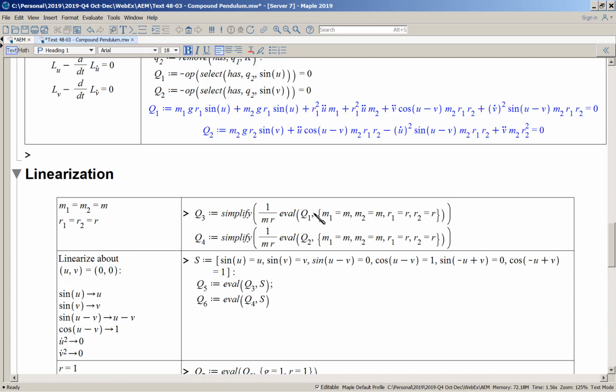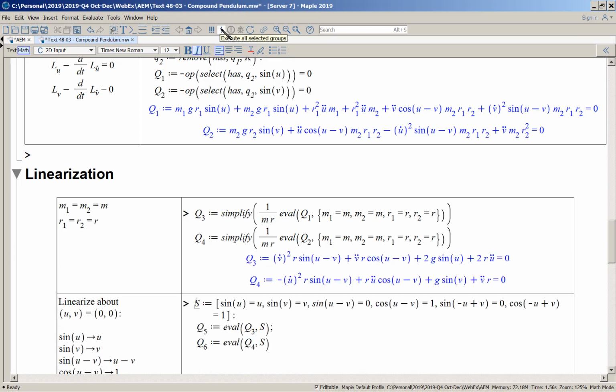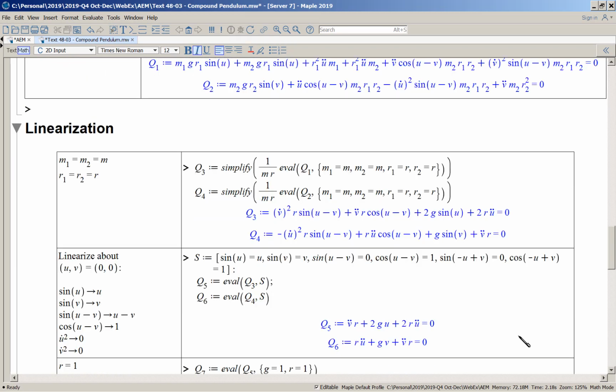That's what this step does. Then we have to linearize about u and v being small angles. So sine of u and v go to u and v. Cosine goes to 1. Derivatives go to 0. So these are what the equations will look like when we make the simplifying substitutions, and this is what they will look like when we linearize.